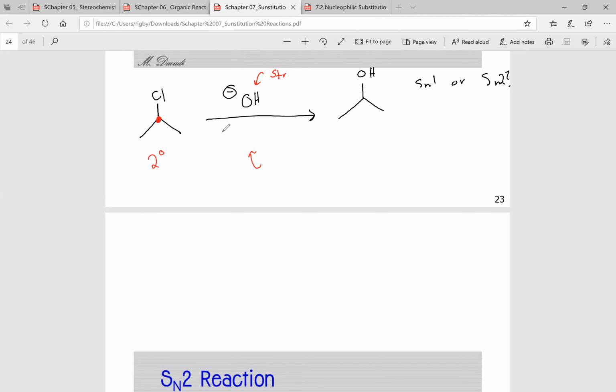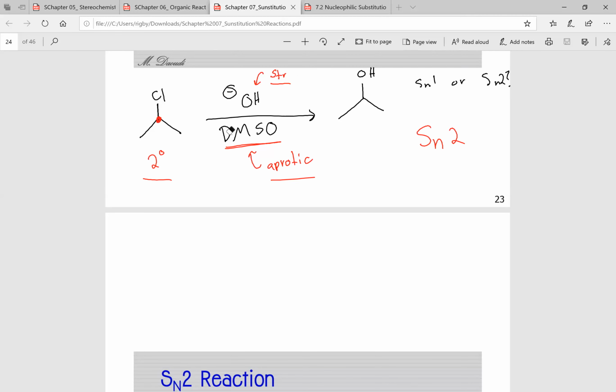DMSO is a polar aprotic solvent. DMSO and DMF are notable polar aprotic solvents that you should know, but DMSO honestly is probably my go-to for a polar aprotic solvent. So now let's go over what we have here. We have a secondary carbon, a strong nucleophile, and an aprotic solvent. So this is going to be Sn2, okay?